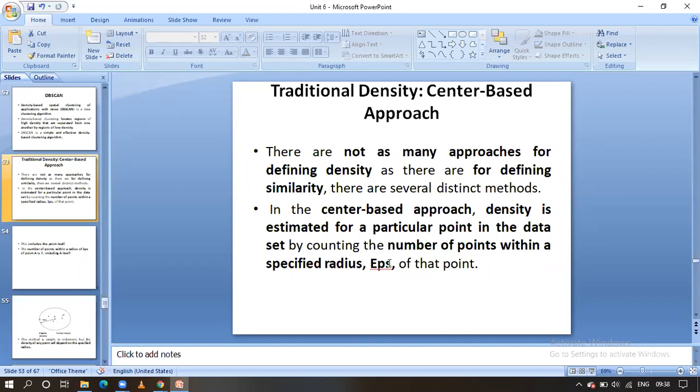So the center-based approach is one approach followed in DBSCAN. We take one particular point, and from that point we take a specified radius, called EPS, and form one circle. Whatever points are in that circle, we form into one cluster, guys.